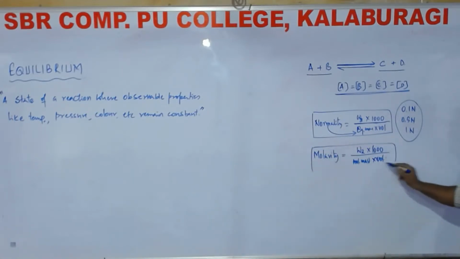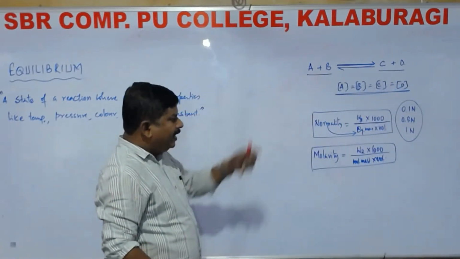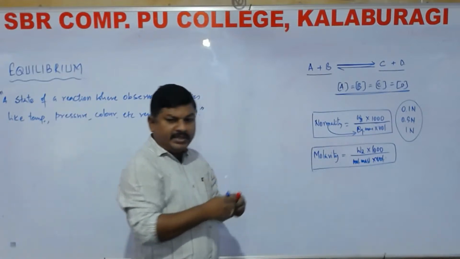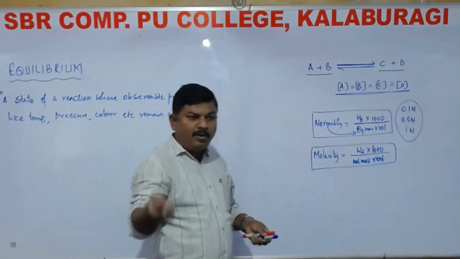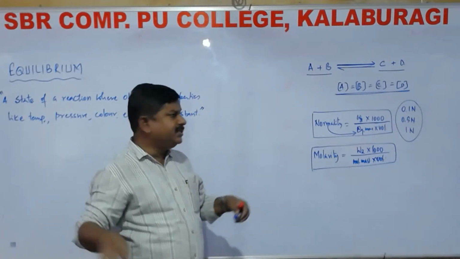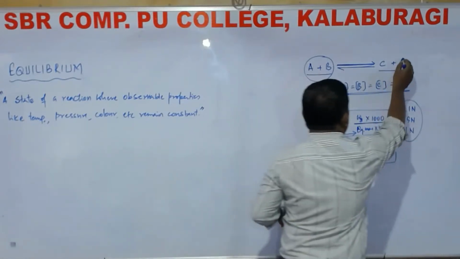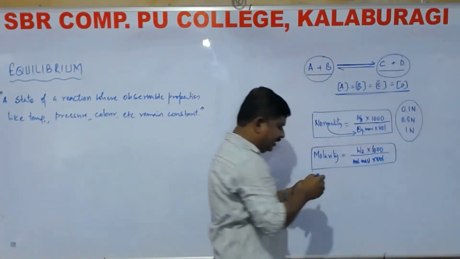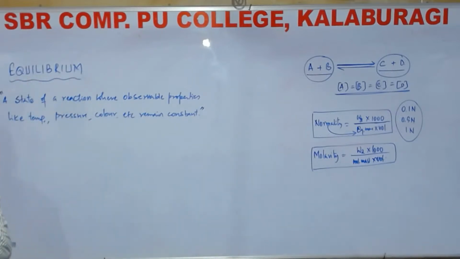This is commonly called the molarity of the respective substance. Don't write, that's not required. So totally, whether a particular solution is 0.1 normal or 1 normal, molarity may be 1 molar or 0.1 molar, any different concentration will be there. If the concentration of reactant becomes equal to the concentration of the product, in that case, the reaction is said to be in which position? Equilibrium position.